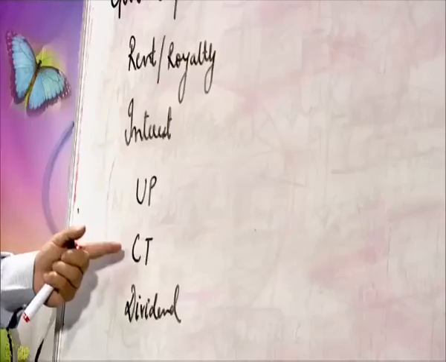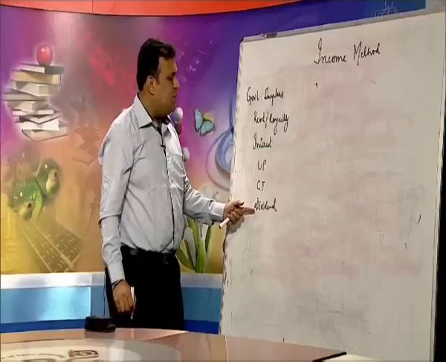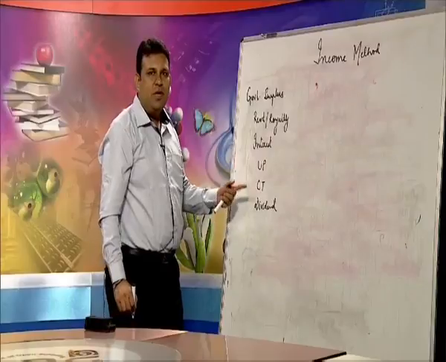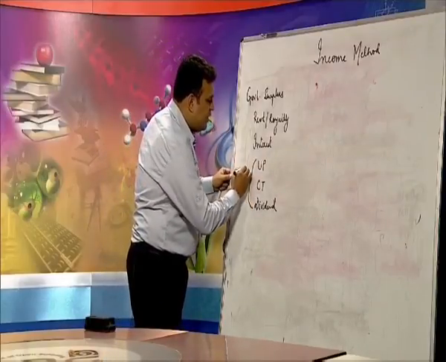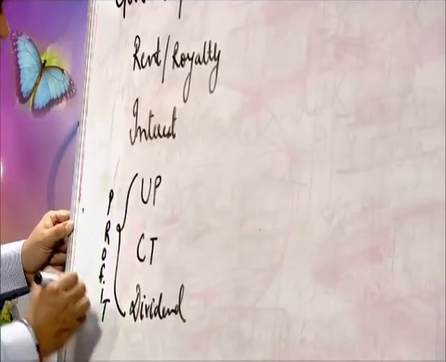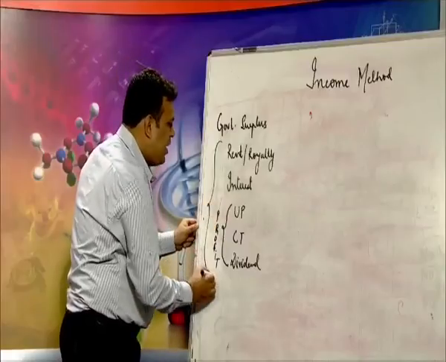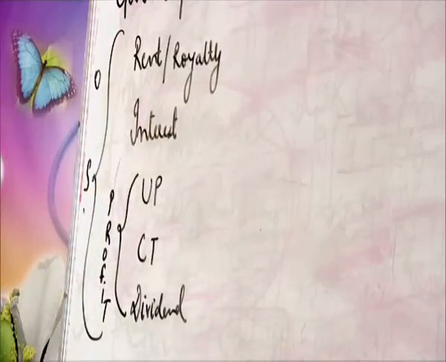Corporate tax, that is out of profit, every corporate has to pay a direct tax. Then dividend, shareholders income is known as dividend, and UP, CT and dividend is your profit. This we did all in the beginning of the introduction. And rent, interest, profit is known as operating surplus.